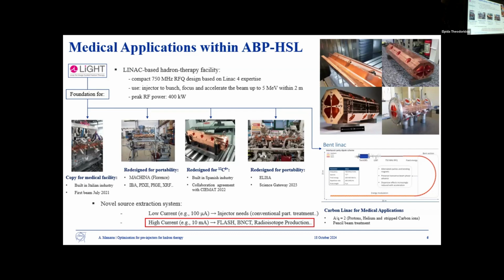Low current means several hundreds of microamps for injector needs for conventional proton treatment. On the other hand, we have the high currents, where my contribution comes in, several tens of milliamps, with the vision to improve the capacity of FLASH and boron neutron capture therapy, as well as radioisotope production.